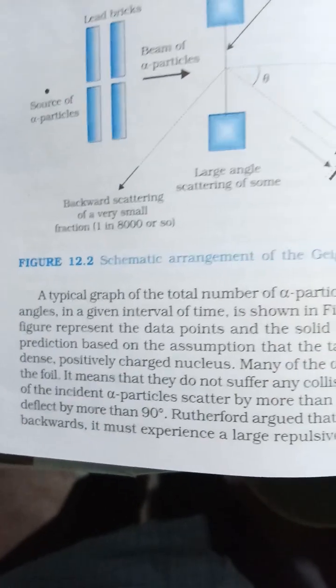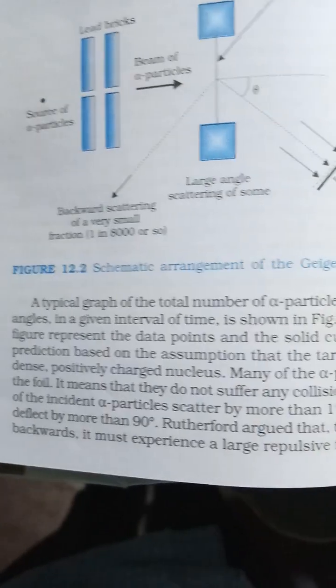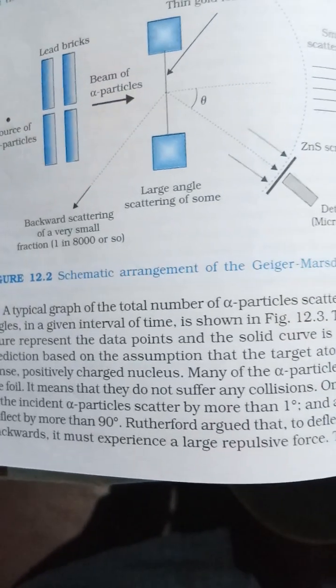A typical graph of the total number of alpha particles scattered at different angles in a given interval of time is shown in figure 12.3.